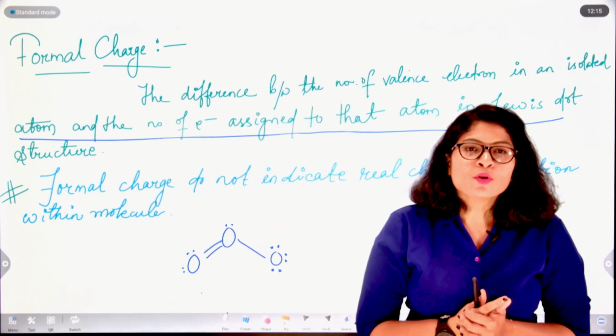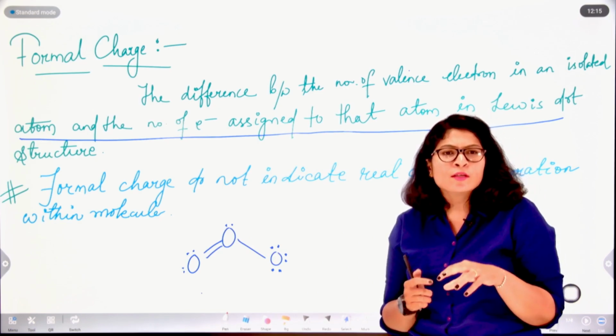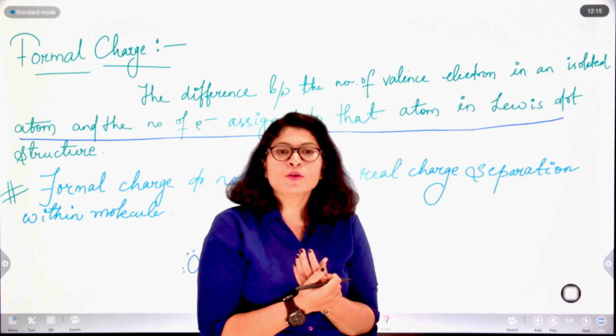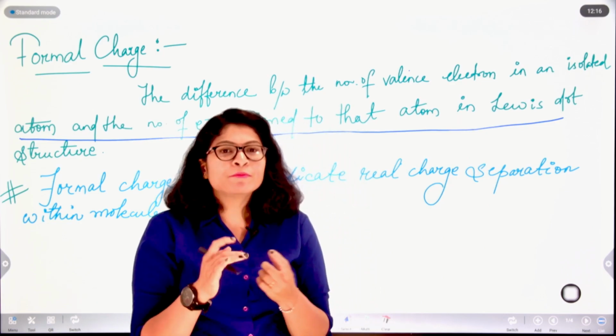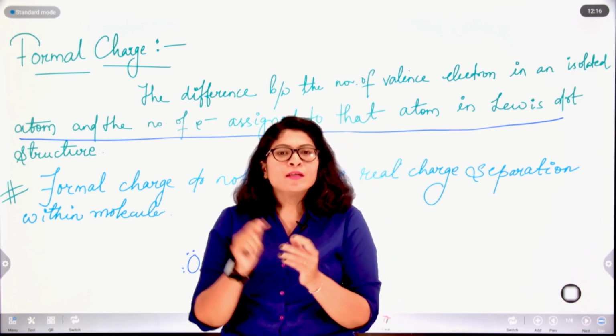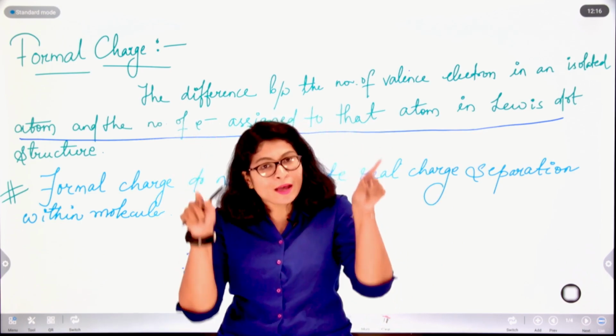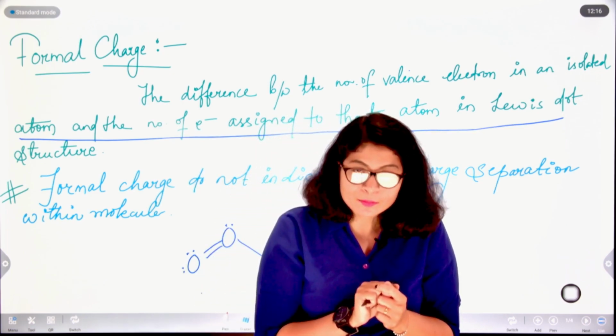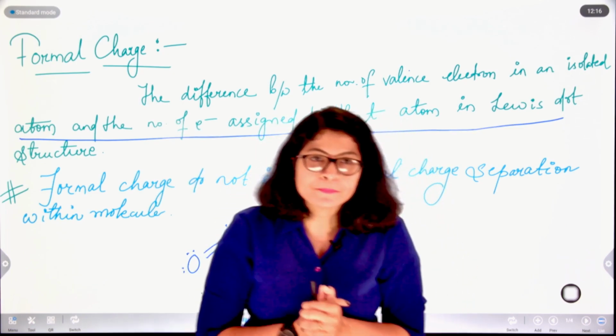So basically we know the molecule as a whole is neutral. Okay, the entire molecule as a whole is neutral, but in case of ions, the charge carried by the ion is for the ion as a whole and not for the individual atoms involved, right?